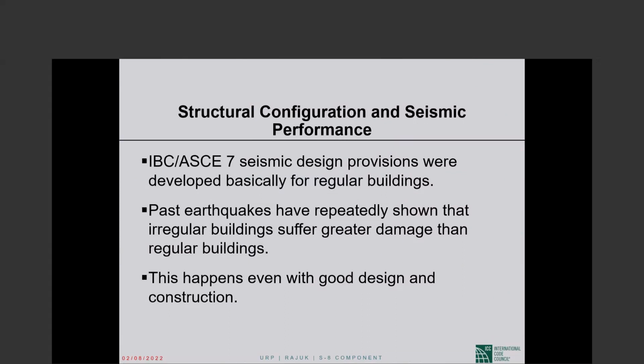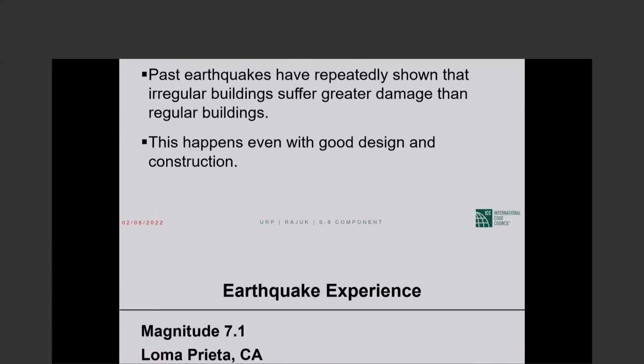This happens even with good design and construction. It is the configuration that is the problem. It is not the design and the construction. By proper design and proper construction, you can improve things, but the problem remains. So irregular buildings attract more damage to themselves.